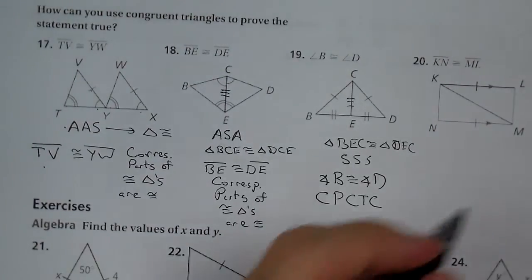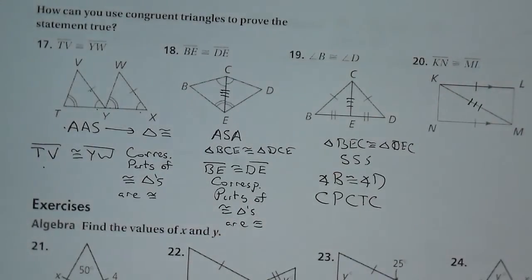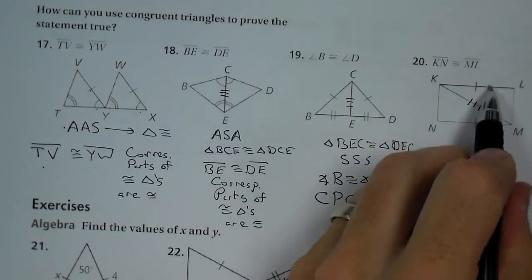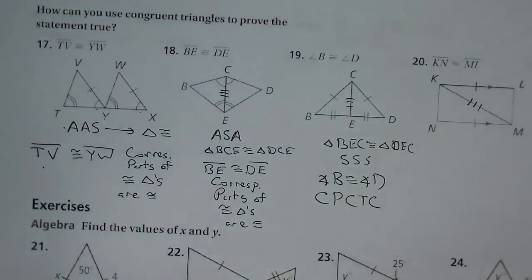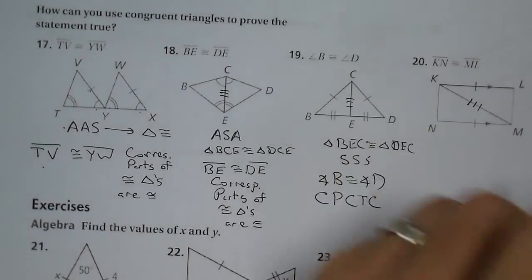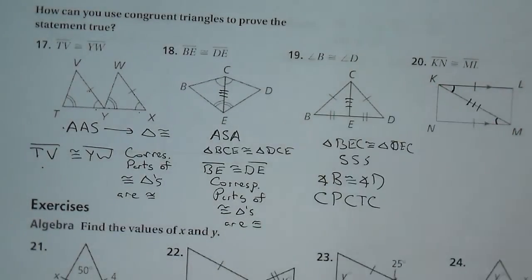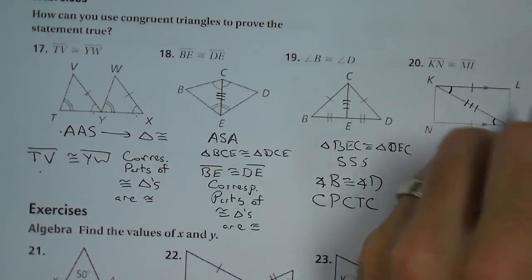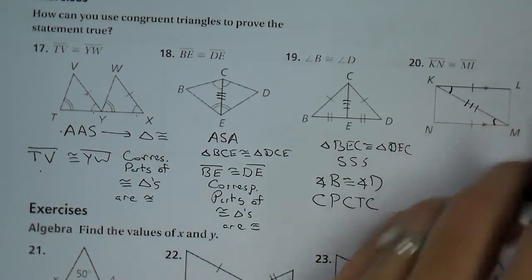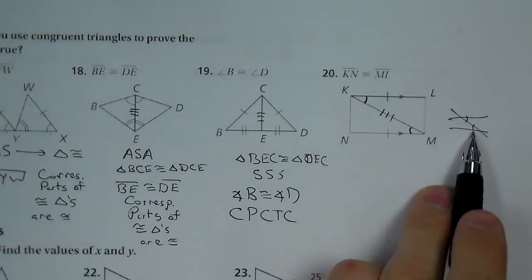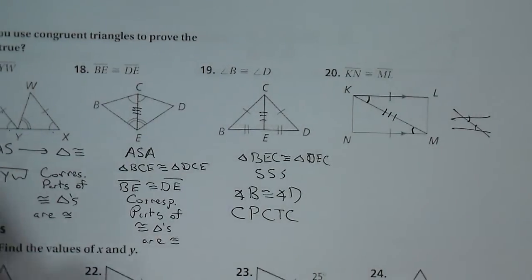For 20, we have reflexive property for KM. And then we have these parallel sides. Parallel doesn't mean congruent. It does tell us that the sides are parallel. But whenever we see parallel, I want you to look for either alternate interior angles or corresponding. And I get the alternate interior here because if we drew it kind of extending the lines out, that is what alternate interior angles look like. They are congruent.